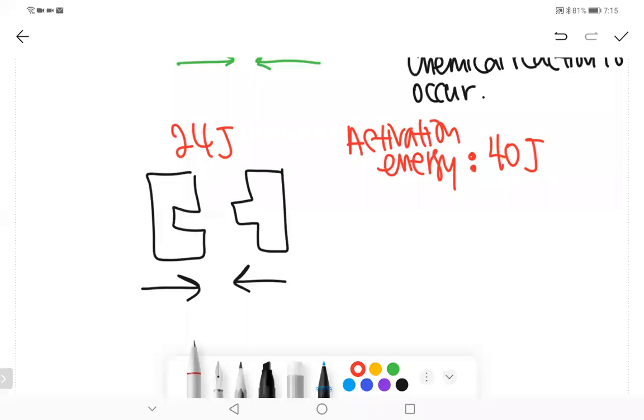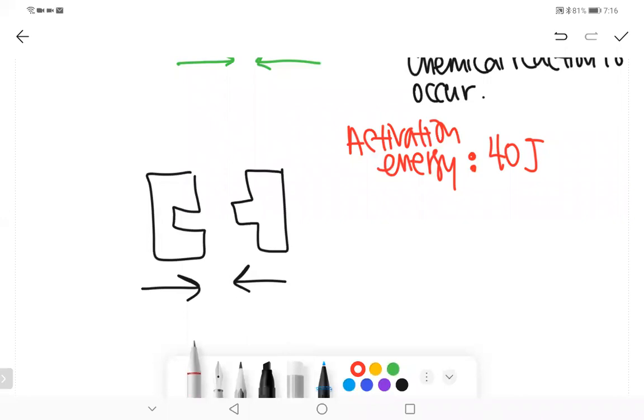So in this case, the arrangement is correct already, but the energy they have is lower than the activation energy. Cannot.